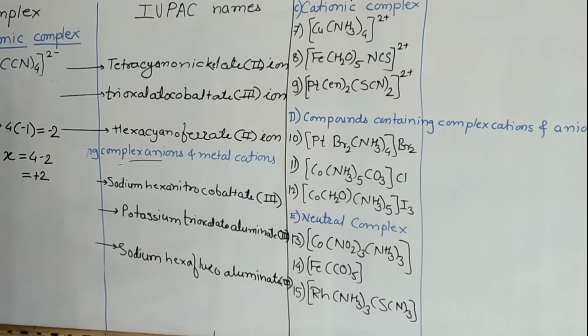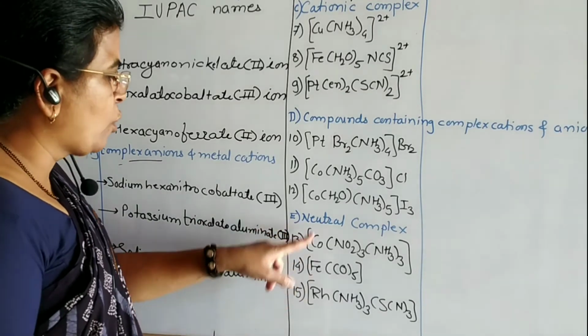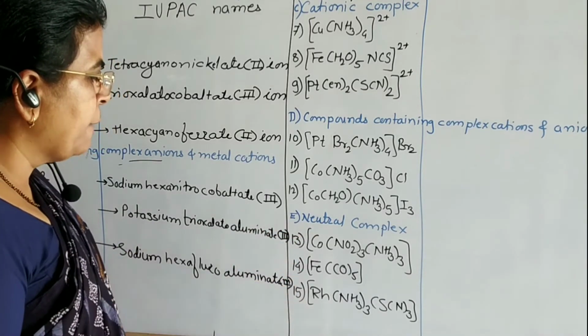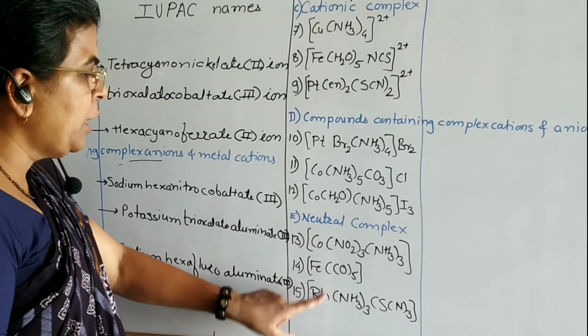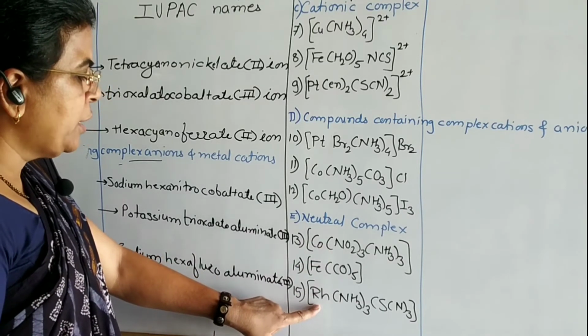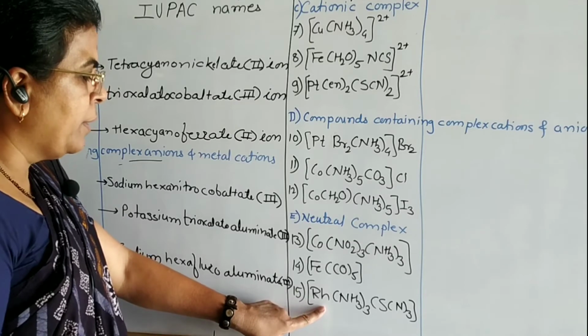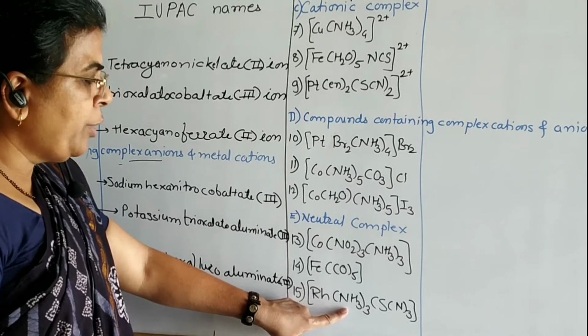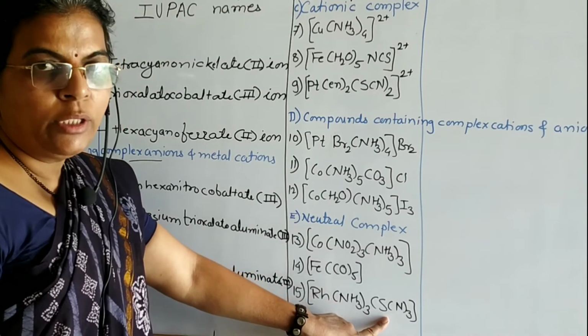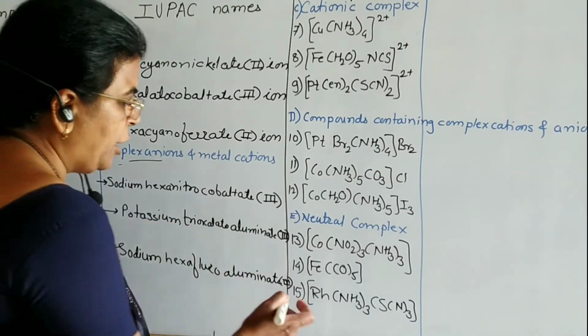Now we are going to see the nomenclature of these complexes. Here first we are going to see the neutral complex. This Rh is nothing but rhodium. The central metal ion is bonded to 3 ammonia and 3 thiocyanate groups.